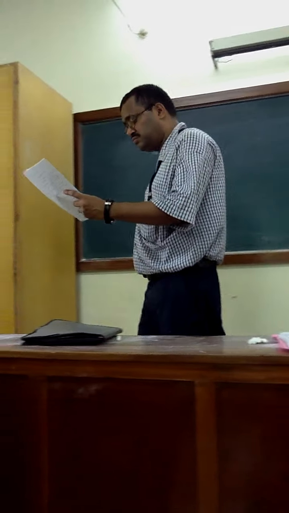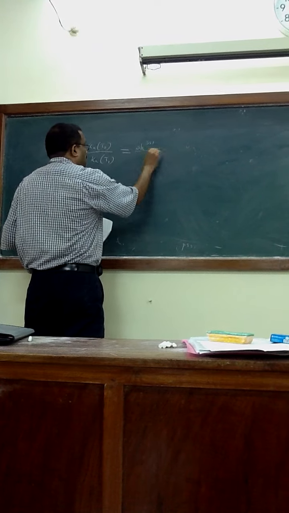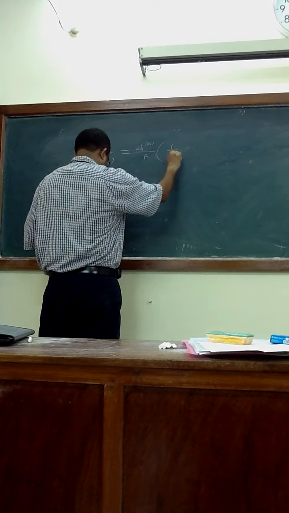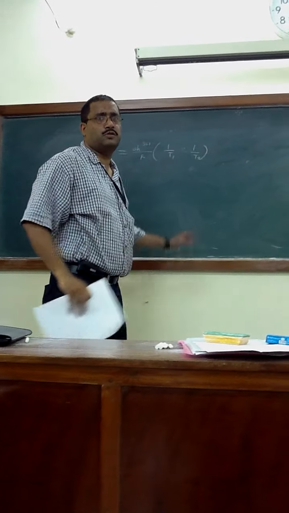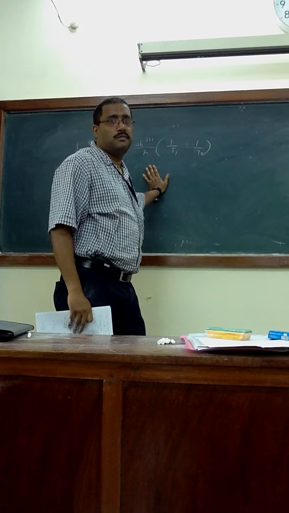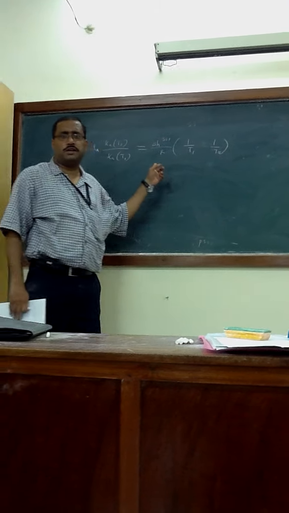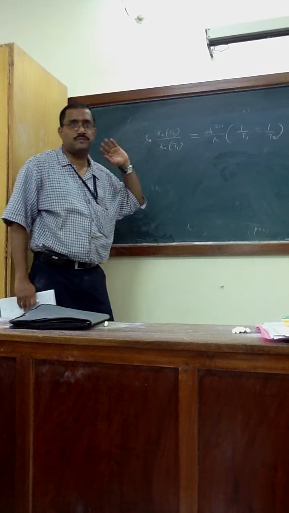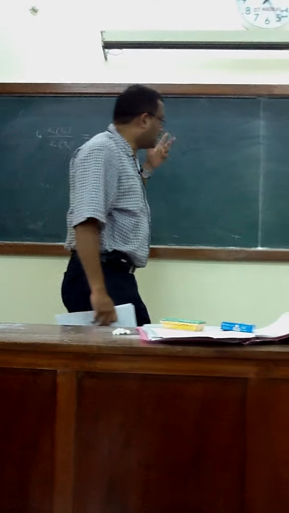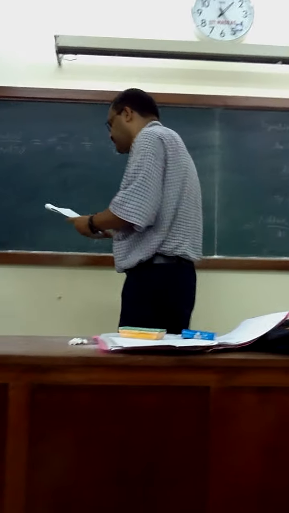Delta H SS1 by R, times 1 by T1 minus 1 by T2. This equation you have seen earlier, but this is a derivation. We used to assume this equation, right? To come to this, I have to spend so much struggle, and that is based on the first standard state.